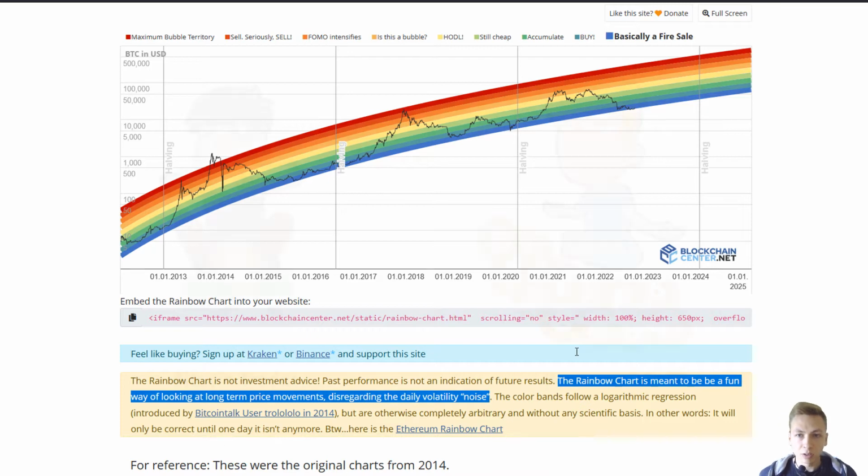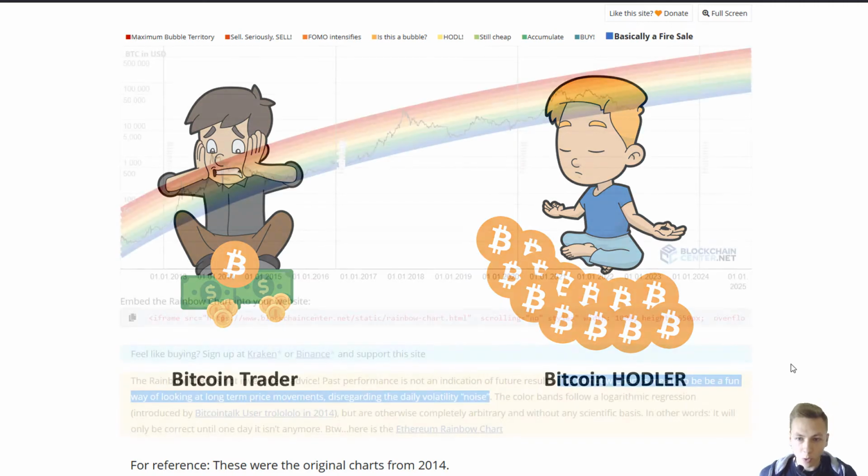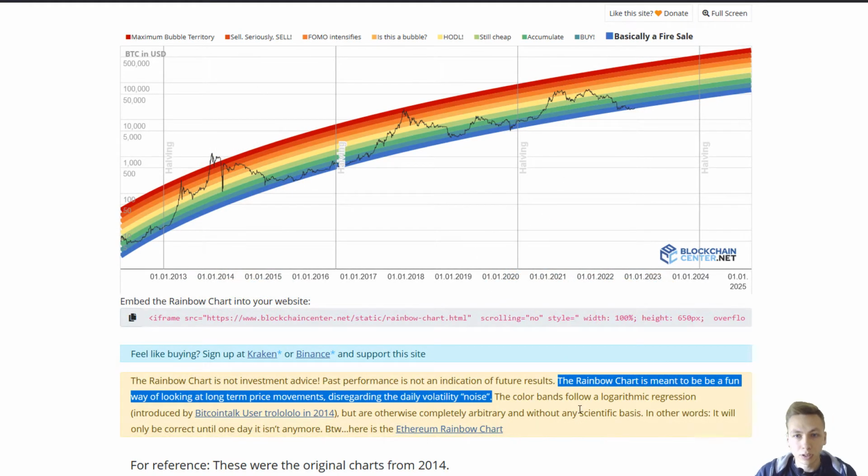But right here on this chart you can get some sanity, some calmness, and you can make a long-term plan with your investment portfolio, even though nobody actually knows what will happen in the future.